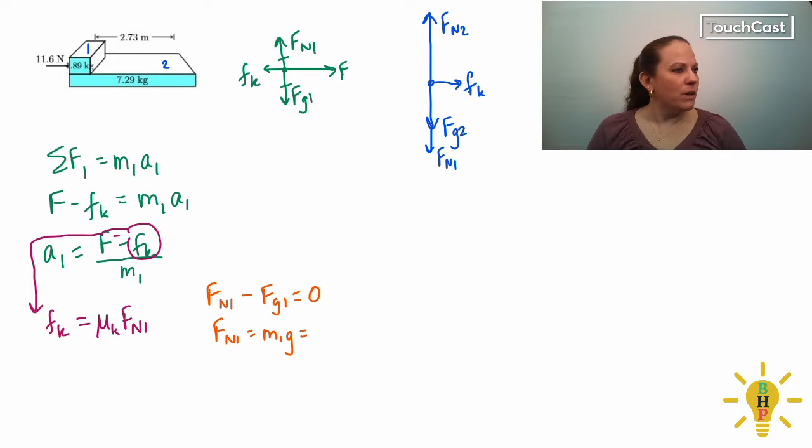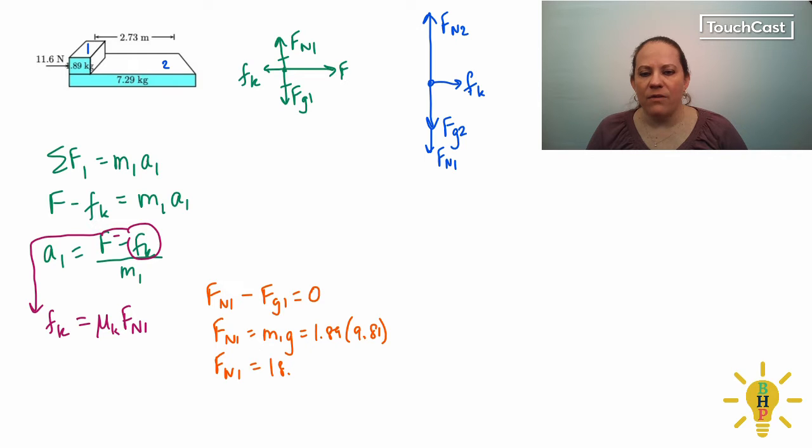And of course, our block had a mass of 1.89 kilograms, and we'll use 9.81 for the gravitational acceleration. That was actually given in the question, but I left it off. And so I got 18.541 newtons for the normal force that block 1 is experiencing.